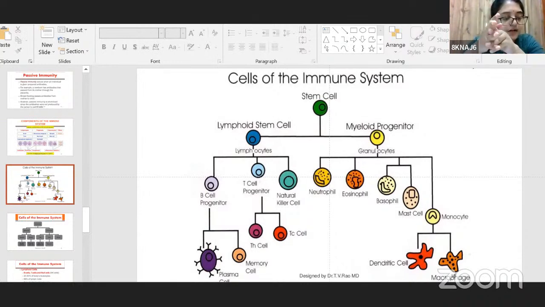So you have different kinds of colony stimulating factors, which are multi-lineage CSF. You have interleukins, you have granulocyte and macrophage CSF, and then you have granulocyte CSF, that is GCSF as it is known, or MCSF, that is your macrophage colony stimulating factor. So these are the different kinds of colony stimulating factors that are present.